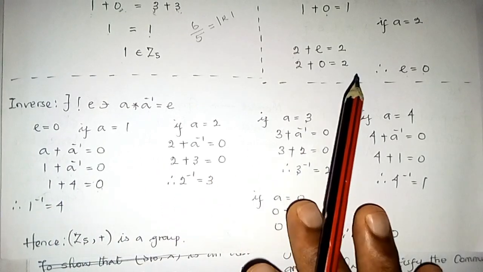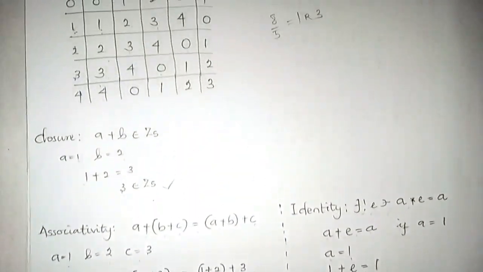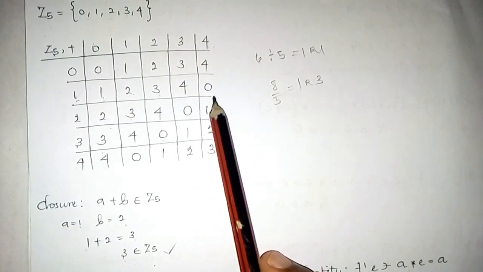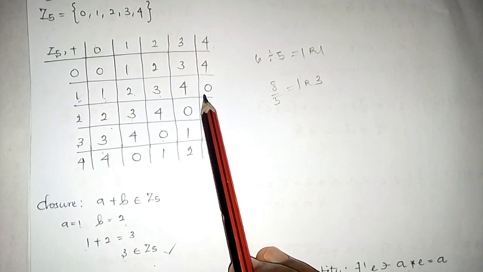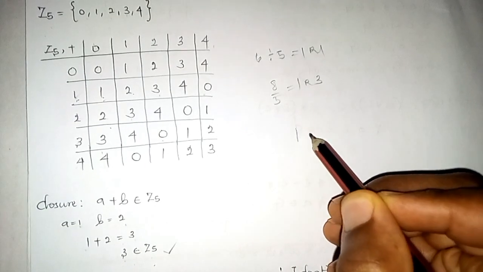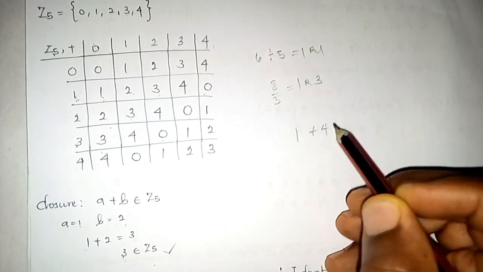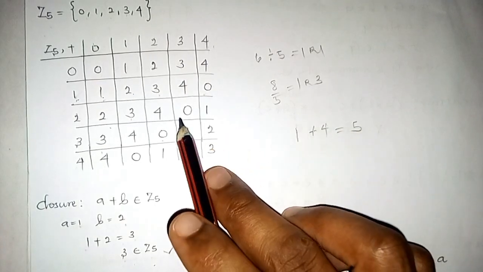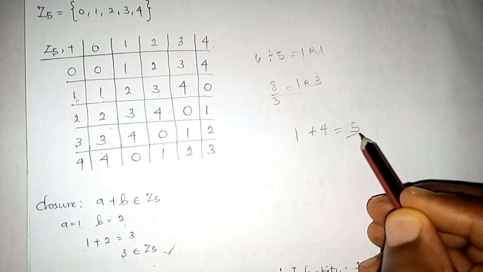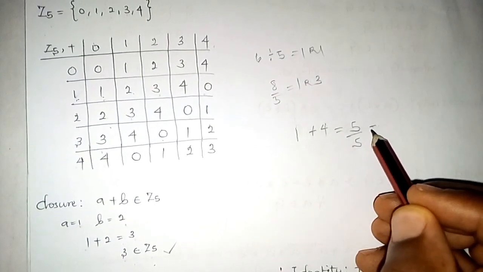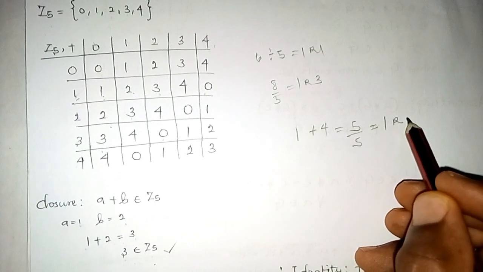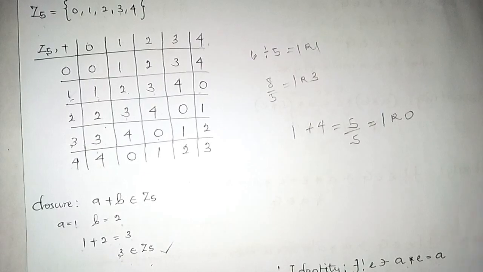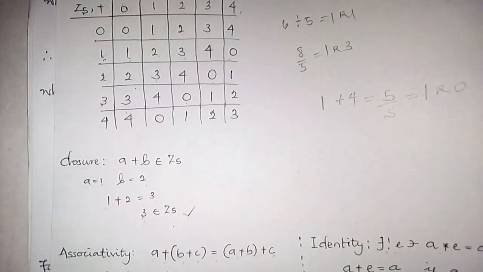Let's take a stroll back to the table. 1 plus 4 equals what? 5 naturally, and 5 cannot be on this table. So we divide 5 by 5 and take the modulo, which is 1 remainder 0. Reason why we have 0 here. So that's telling you that the inverse of 1 is 4.